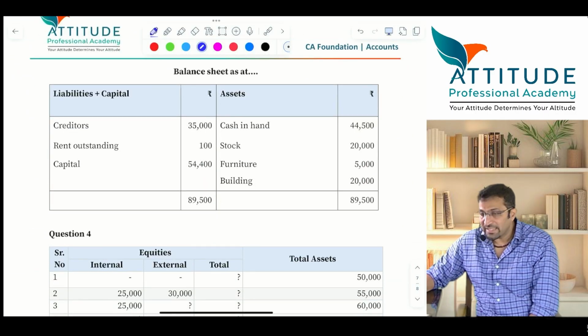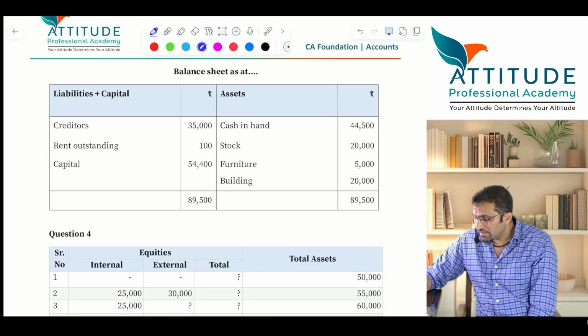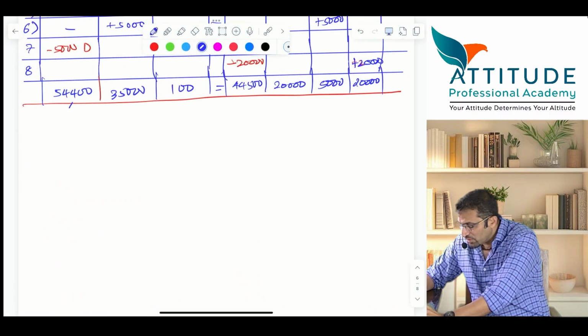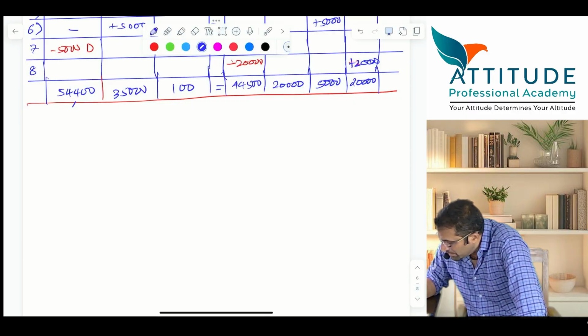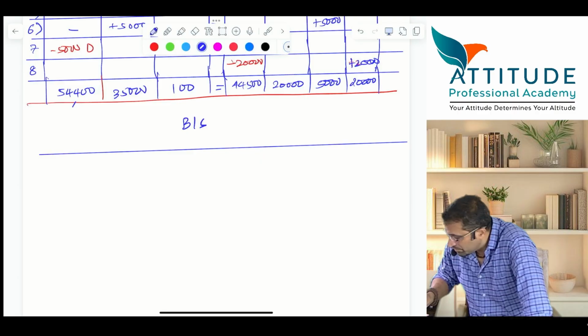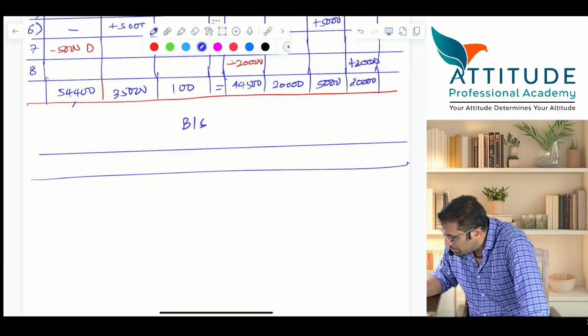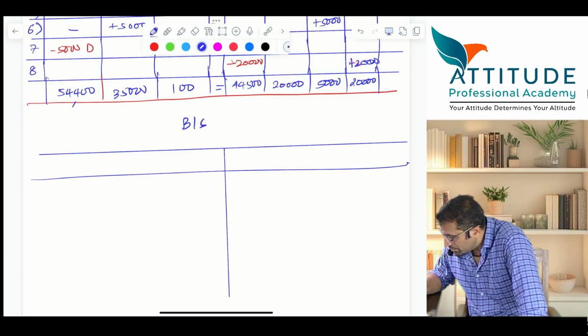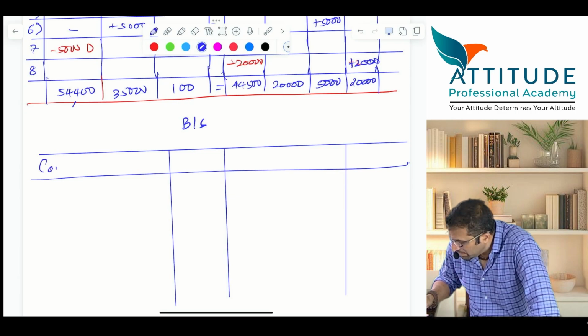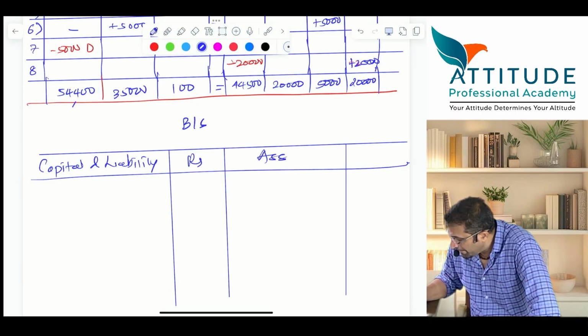ये देखो, बैलेंस शीट है क्या? देखो, कैपिटल इज बैलेंस शीट इज हियर ओनली. We can put the balance sheet here, no problem. Shall we put? चलो बैलेंस शीट. Capital and liability, rupees, assets, rupees.